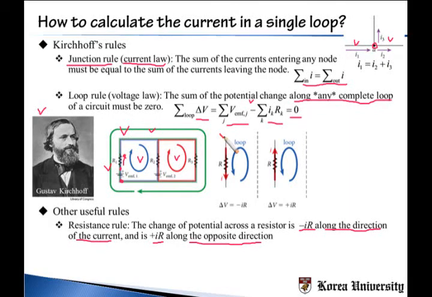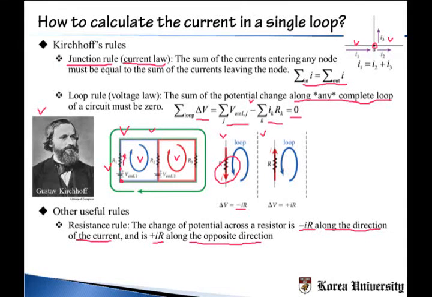Here we assume that the current is going down, and think about the case when you go around the loop counterclockwise. You see the direction of the arrows are the same. Then, of course, in this case, the potential change across the resistor will be minus IR. But now in a different case, let's suppose you assume the current to be going up.